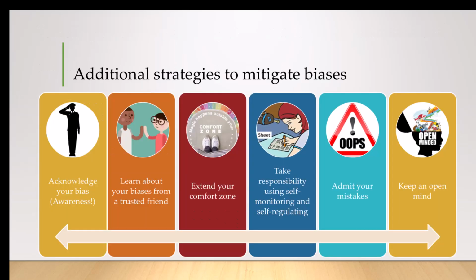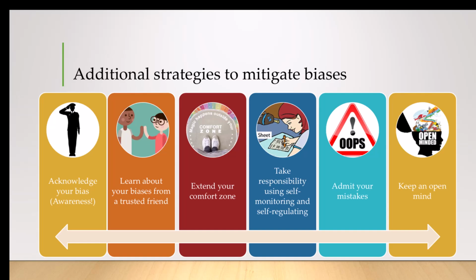To reduce biases, you can take several steps. You can acknowledge your biases, accept that you have a bias, and work accordingly. Or you can ask a trusted friend about your biases and maybe try to talk with them about ways you can deal with these biases.